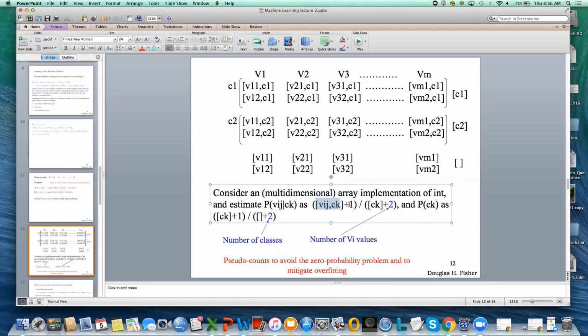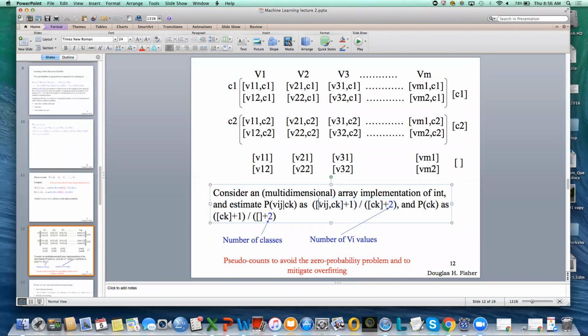But in the case of binary variables and binary classes, we would add 1 to the numerator and 1 to the denominator. If these are initially 0, this is going to be 1/2. And that's what we're going to use to make a judgment.